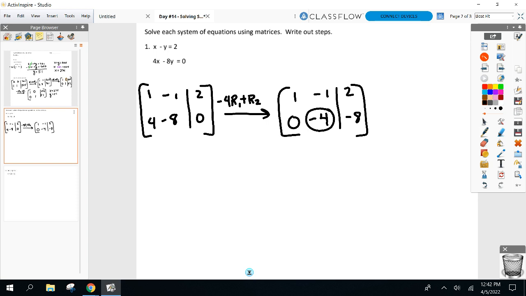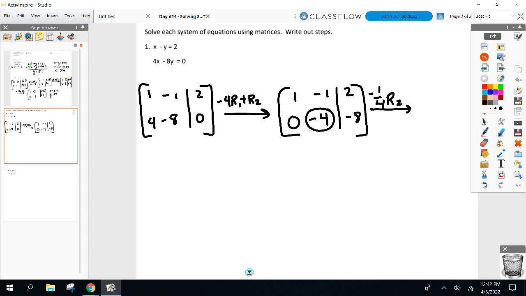So now I'm going to work on getting this to be a 1. Make it easy on yourself. If you want something to become a 1, multiply it by its reciprocal. So what am I just going to multiply row 2 by? Flip it. I just said flip it, not change the sign. -1/4 row 2.